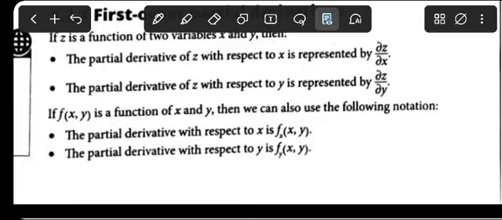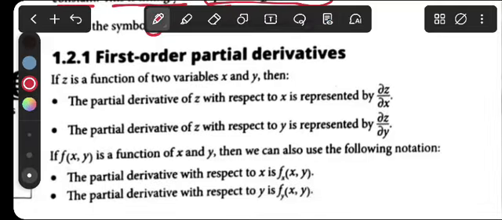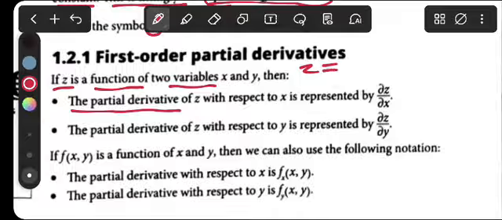Let's say z is a function of two variables x and y. Then for the partial derivative, for example, let's say z equals x plus y.